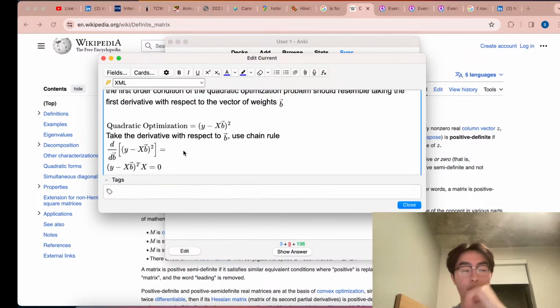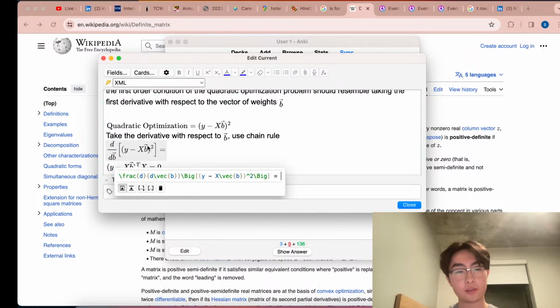How does the chain rule work again? It's when you're trying to take the derivative of a function that depends on the output of a different function. In this case, we want the derivative of y minus xb squared. We can think of this as a function that depends on the output of y minus xb.